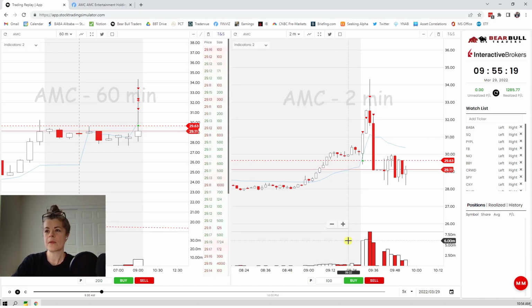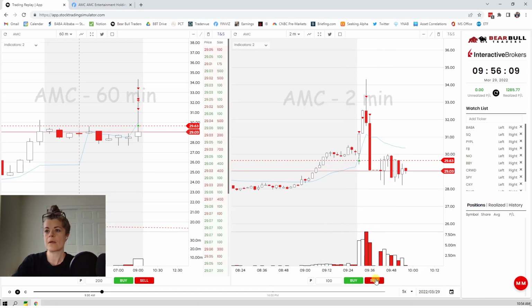So pushing up and struggling to get back to that level. Oh, do I want to go long? Do I want to go short? Long, short, long, short. You could take this either way, really, at this point, right? So you really want to look for something that's going to tell you that it's going to go one way or the other.